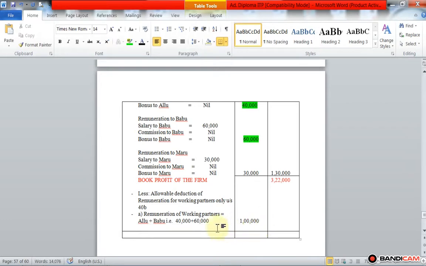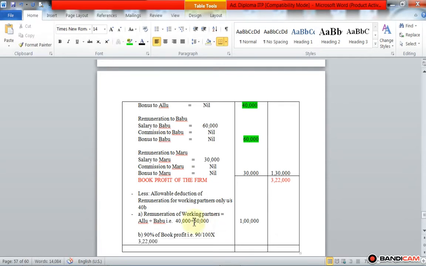Then the second one is B, 90% of book profit. So that is 90 divided by 100 into 3,22,000.